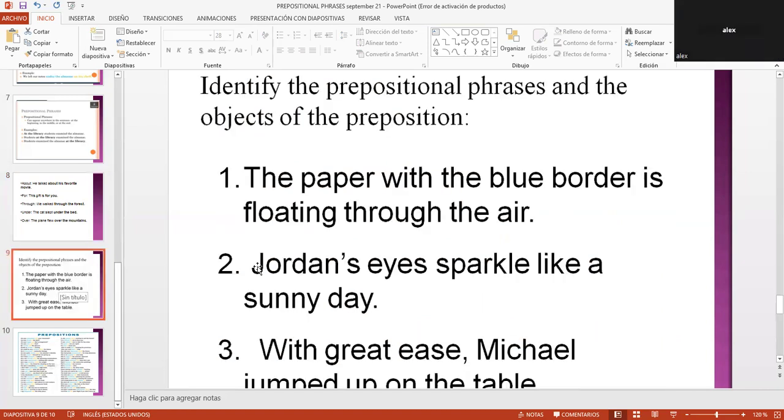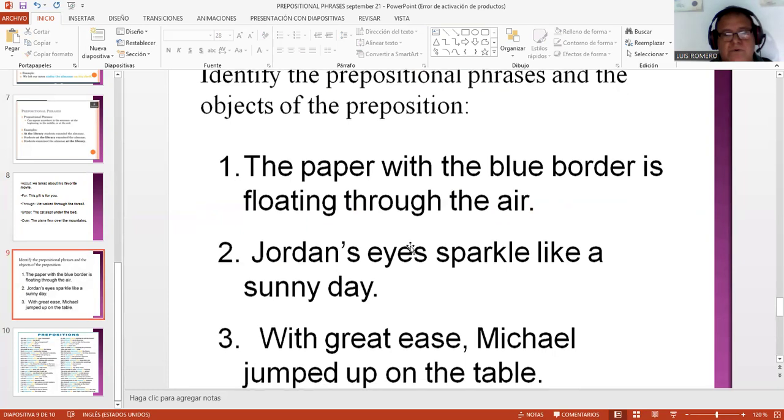Now, considering what I've just told you, tell me what's the second prepositional phrase in this sentence: the paper with the blue border is floating through the air. Through, preposition. Air, noun. Then what's the whole prepositional phrase? Through the air. Perfect. That's the idea, and so on and so forth.